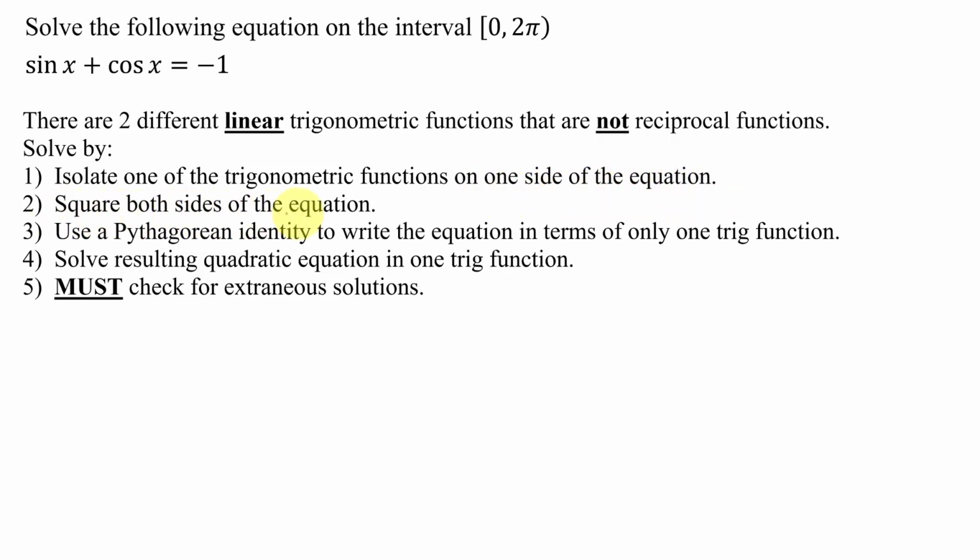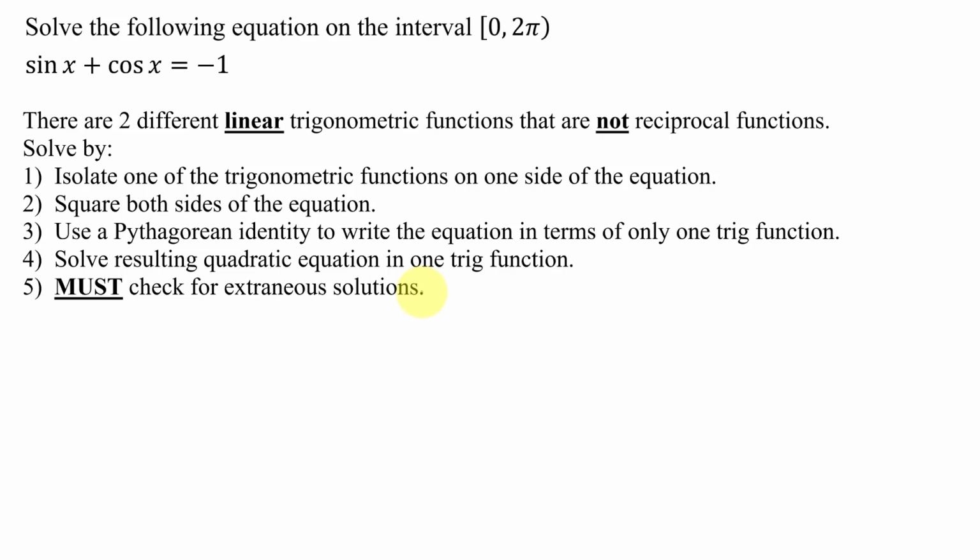Then we square both sides of the equation. Step 3, we use the Pythagorean identity to write the equation in terms of only one trig function. Then we solve the resulting quadratic equation in one trig function. And then finally, we must check for extraneous solutions.